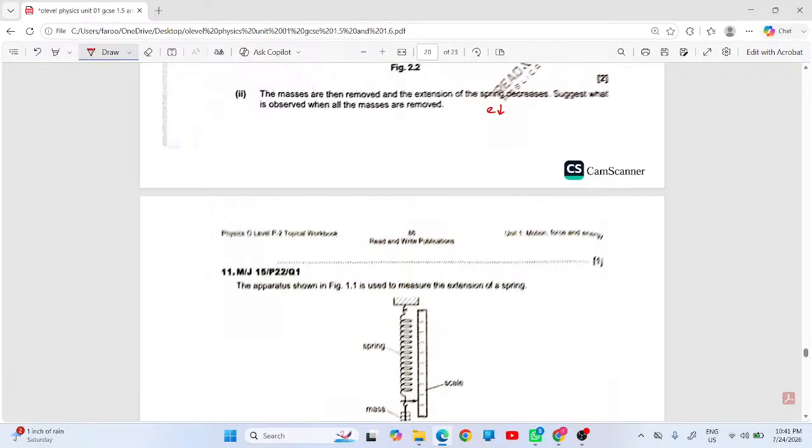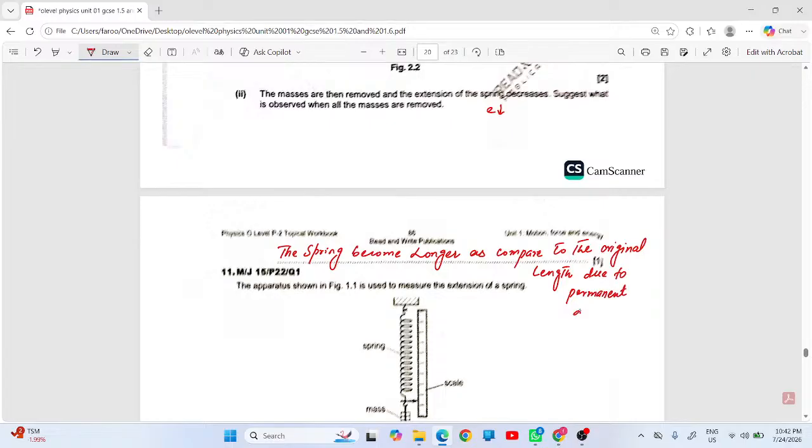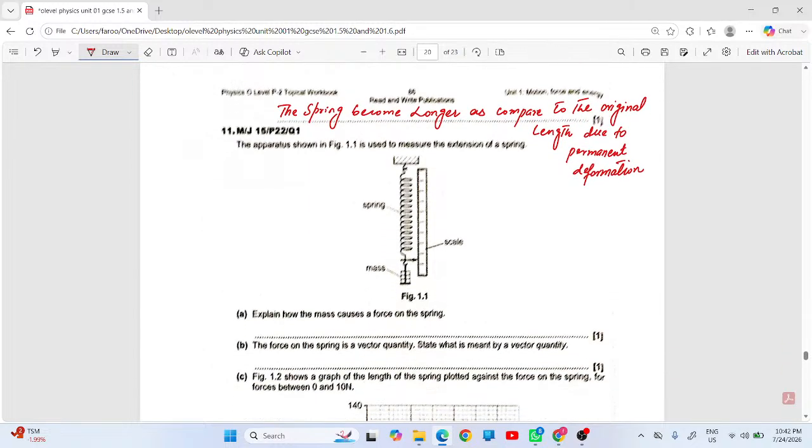The spring is longer as compared to the original length due to permanent change. The spring becomes permanent. ओके.